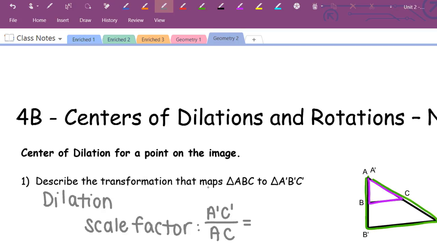What other options do we have? Which would be this segment here, A prime B prime, the long segment over this short one. What else could we go through and do? What's our third option? Perfect. All of those, when divided out and reduced, should be equal or congruent.